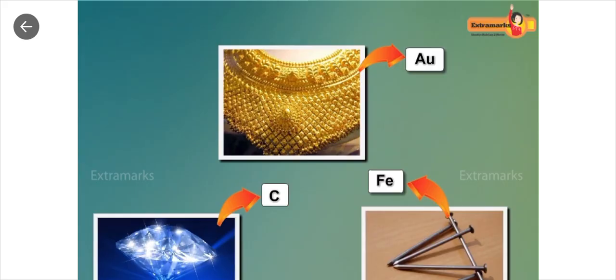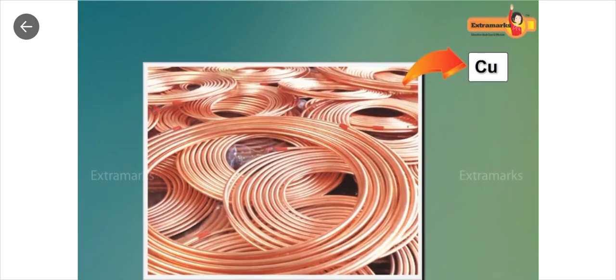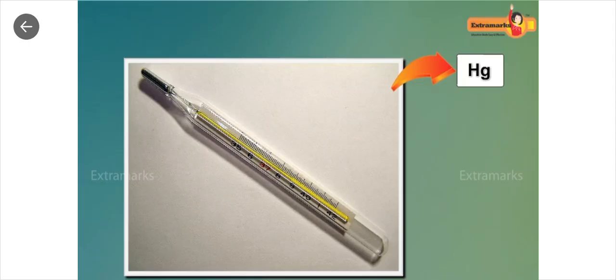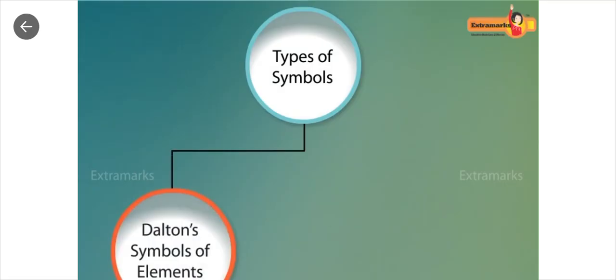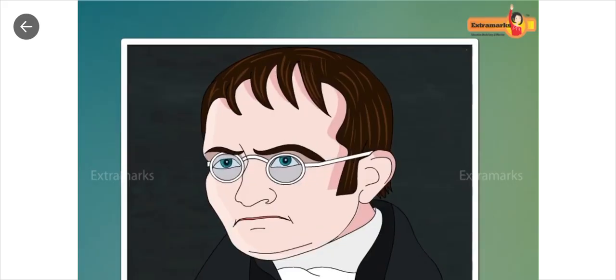Let us discuss modern-day symbols of elements. Symbol of an element is a short form that represents the atom of a specific element. Two types of symbols are known to us, that is, Dalton symbols of elements and modern symbols of elements.